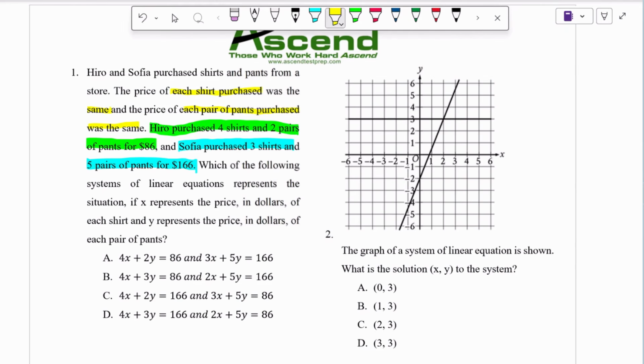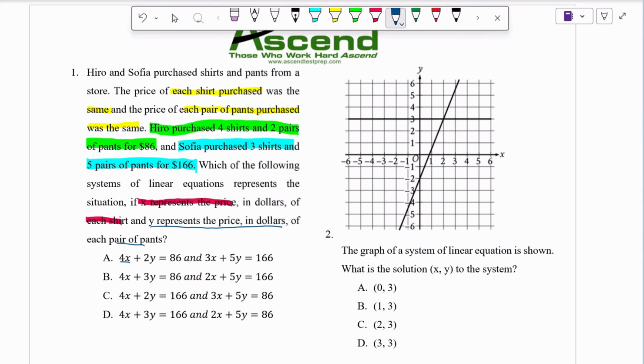We have to be very careful with our variables. X represents the price of each shirt, and if I go on here, I'll underline it, Y represents the pair of pants. Hero had 4 shirts, that's 4x. Looking straight down the answer choices, they're all 4x.